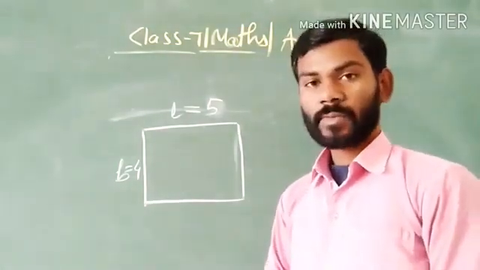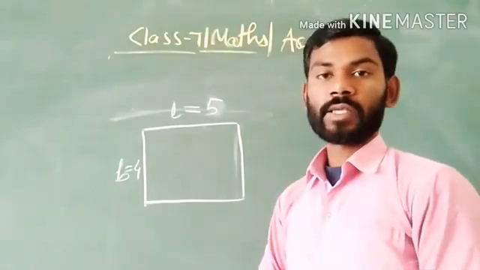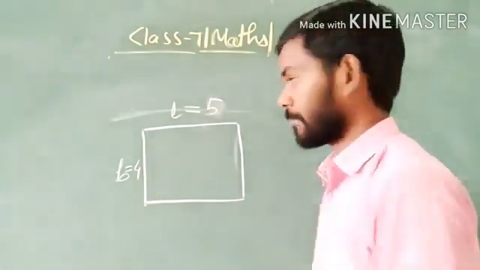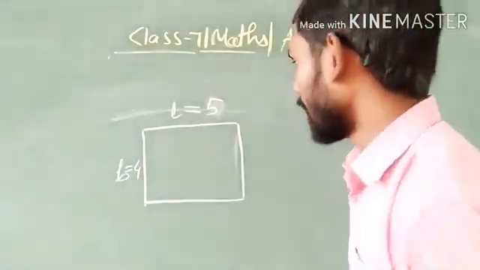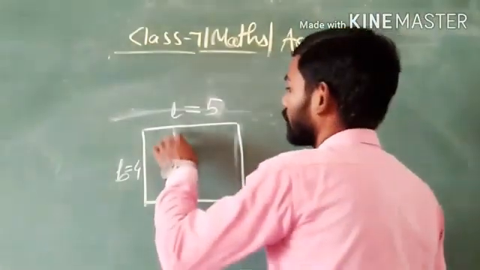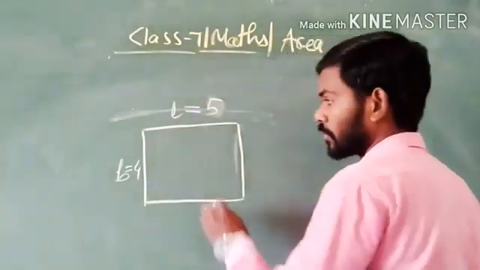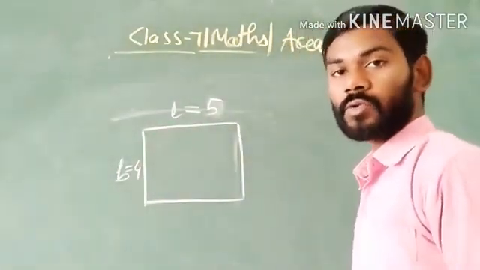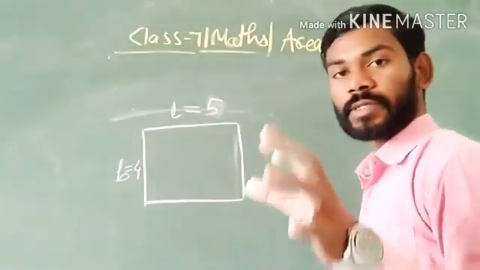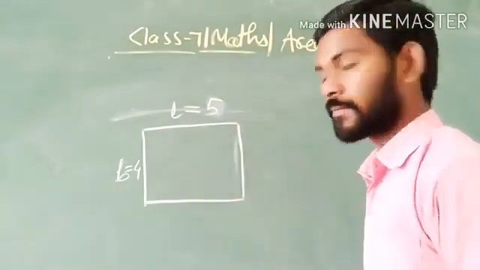So let us see what was that method men used in ancient time. In the ancient time, men divided the whole shape into a number of same small squares.